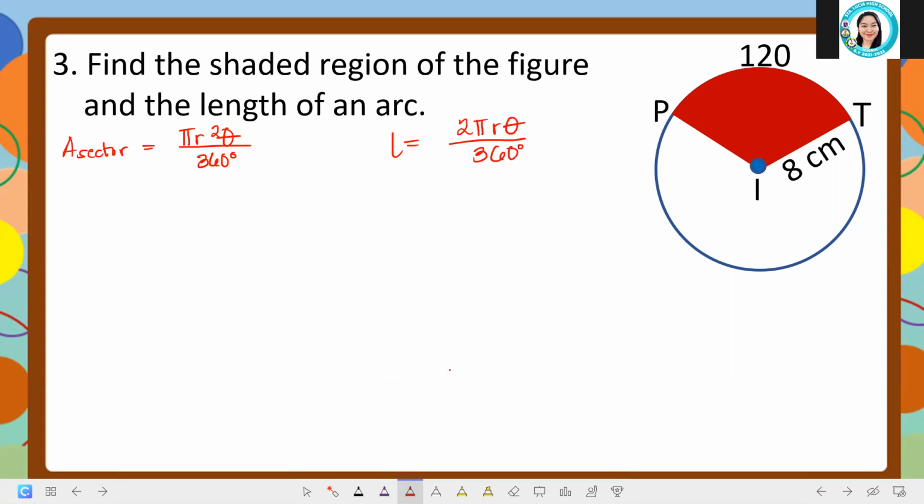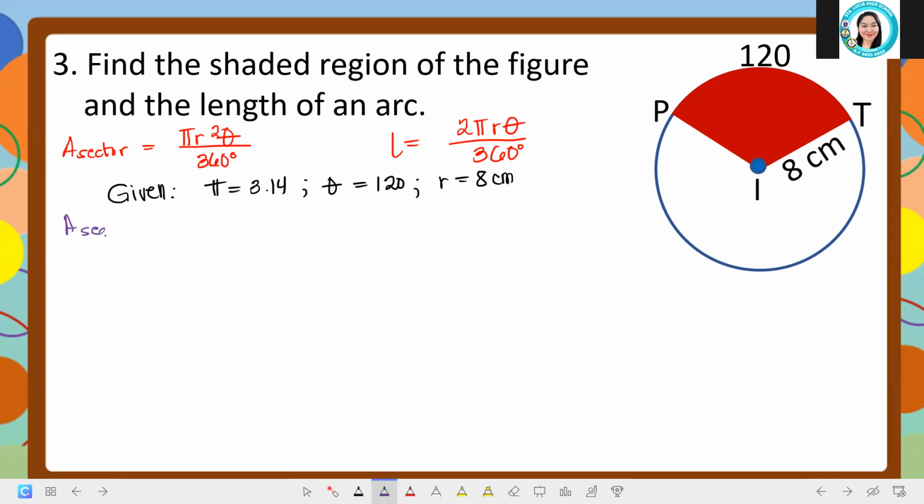So, ano ba yung given? Let's write the given. Given, of course, alam na natin pi is equal to 3.14. Ano pang given? The angle or the theta is 120. And last is the radius. Radius is 8 centimeter. So let's substitute.